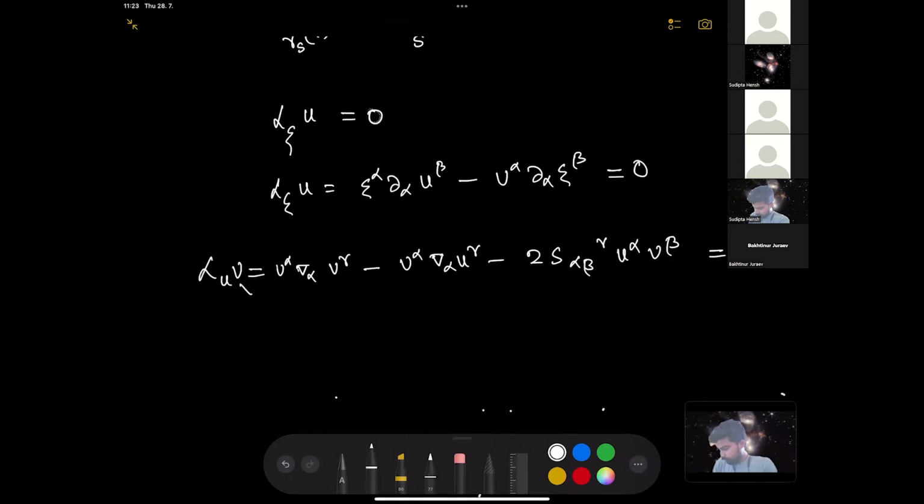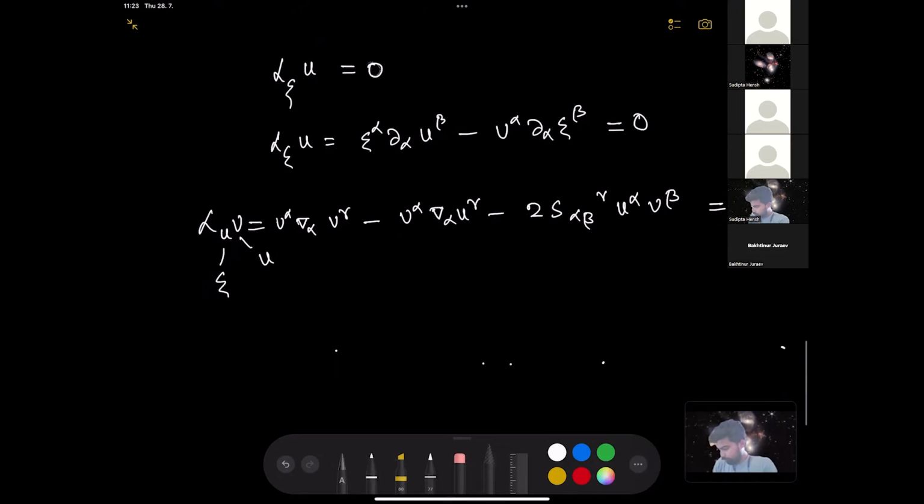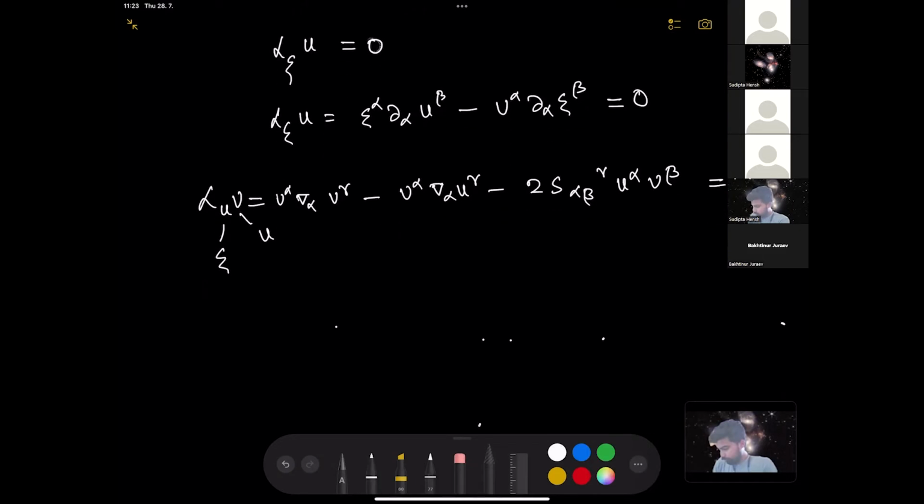So here, let's say v we substitute with xi and u with u, and then we just say that this is 0, this is 0, then we get u beta nabla beta xi alpha equals B beta alpha xi beta.